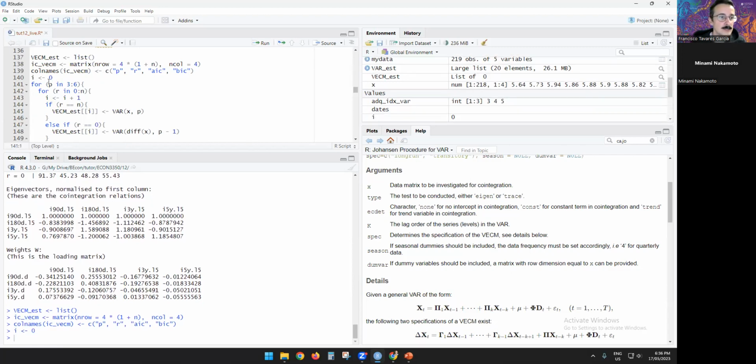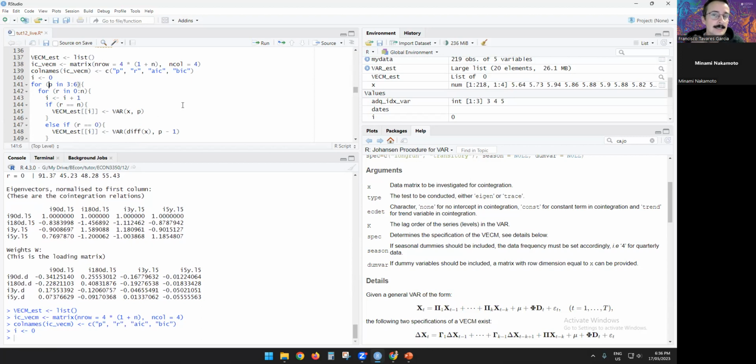I will receive 0, and we will be incrementing this i for every loop. This i is just pointing to which row of the matrix we're filling, right? As we did before. So p, now the lags, remember our models were 3, 4, and 5.